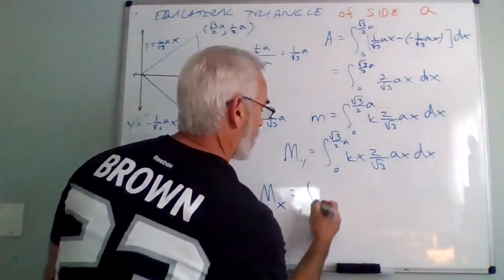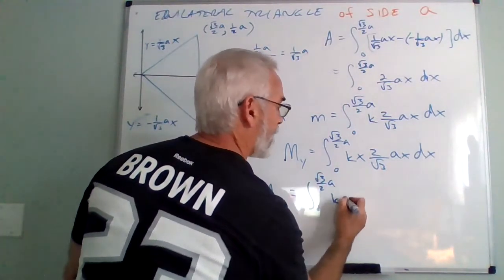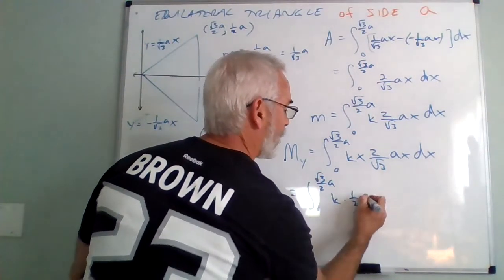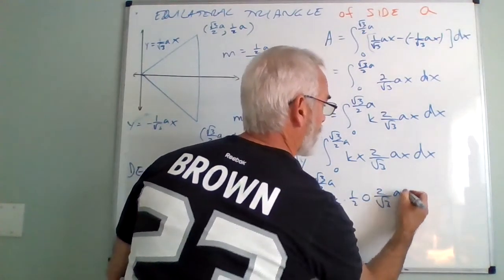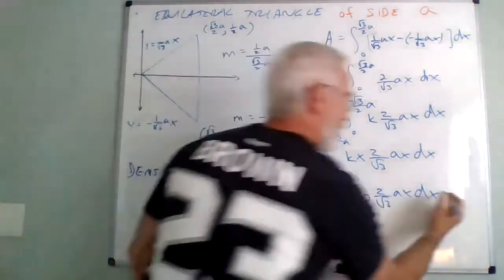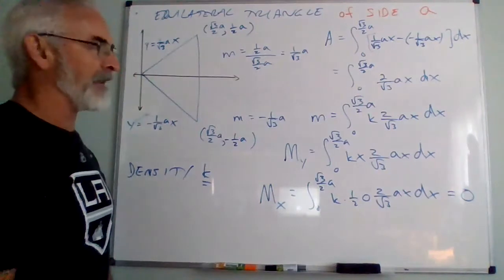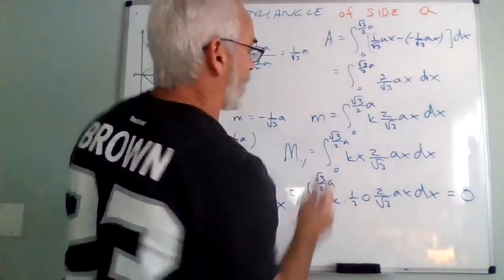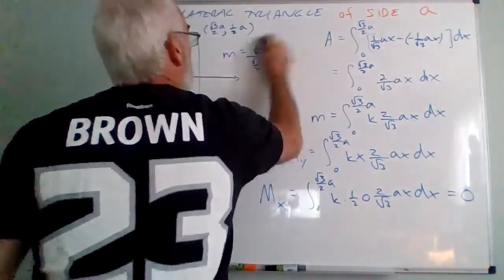So this is going to be the integral of k times 1/2 of 0 times root 3, 2 over root 3 ax dx, which is clearly just 0. Ooh, that definitely makes my life a little easier. So I really only have to do these two calculations. So let me erase this and we'll do this again.